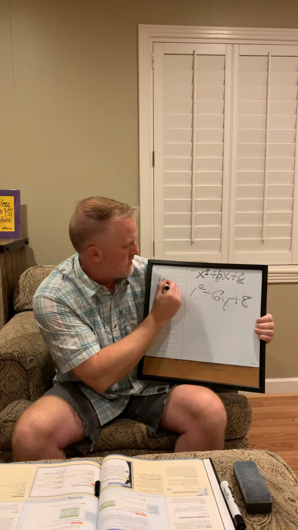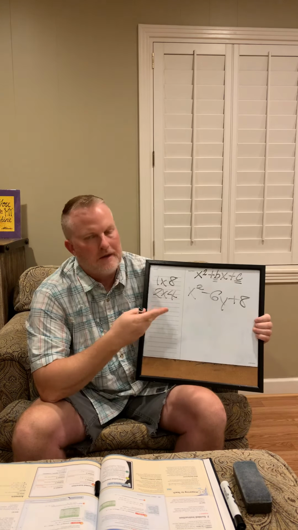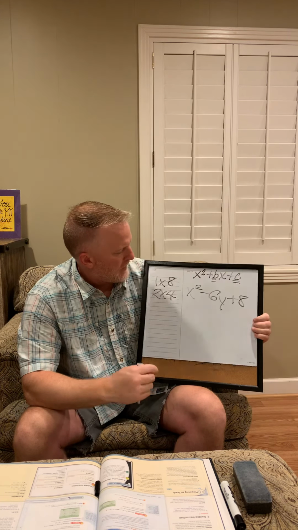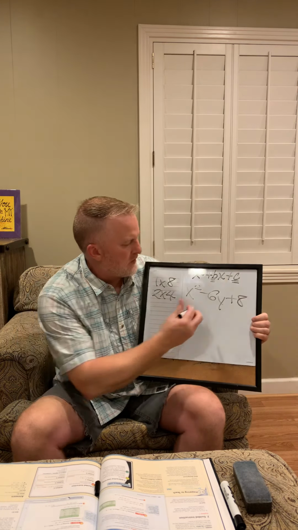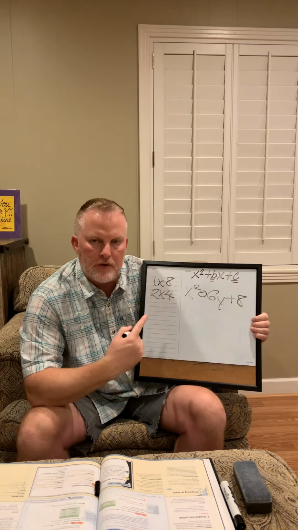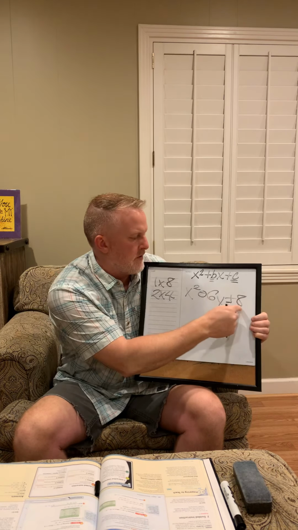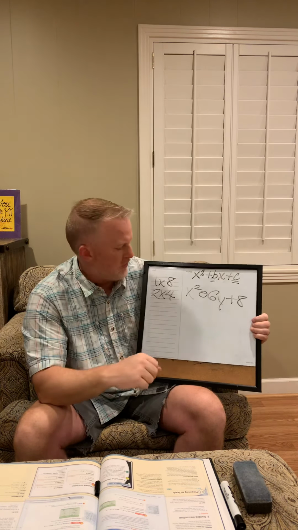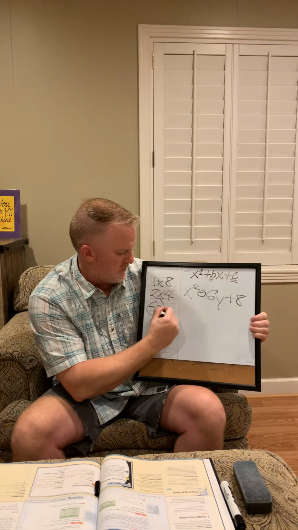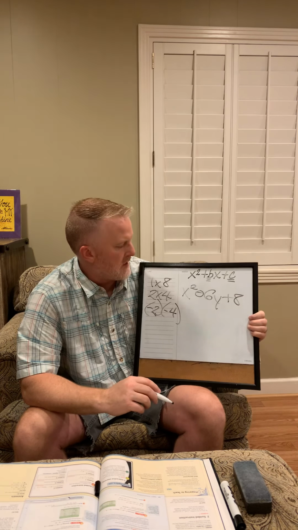So I could do 1 times 8, or I could do 2 times 4, and then I could do 4 times 2, which would be the same factors as 2 and 4. So I need the ones that would give me a sum of negative 6, right? Because my b value in this example is negative. So the only way I could get a negative sum but a positive product is if both of my factors were negative, right? So that means that negative 2 would have to be negative, and 4 would have to be negative.